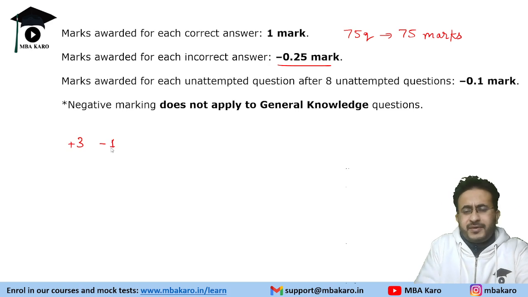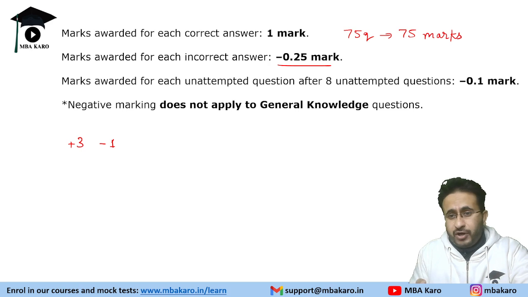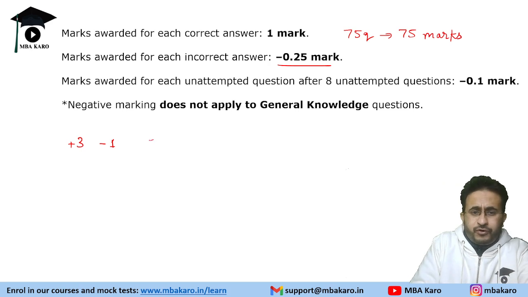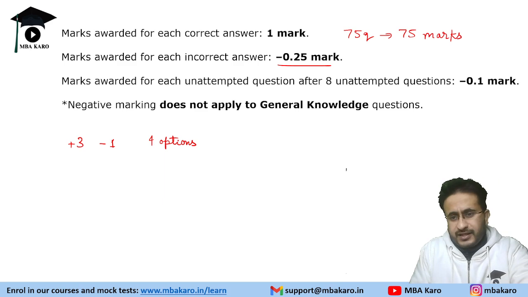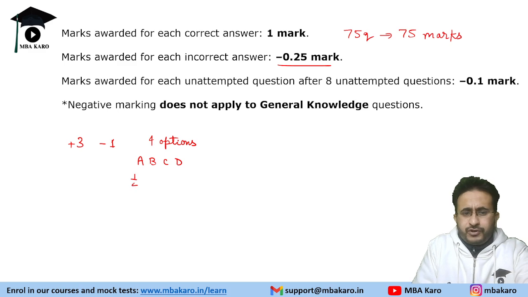Why do they have this marking scheme? You've noticed that in CAT there are 4 options. Suppose you randomly mark the answer, A, B, C, D, you have a 1/4 probability of getting it right. Let us say in 4 questions you get one correct and three incorrect.